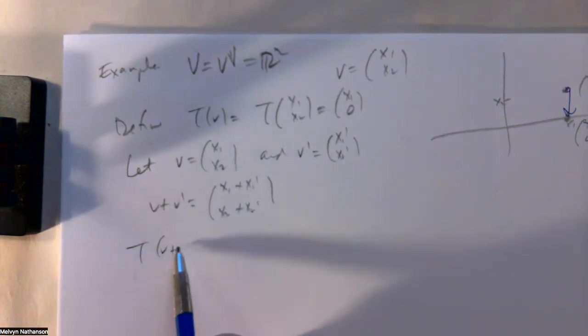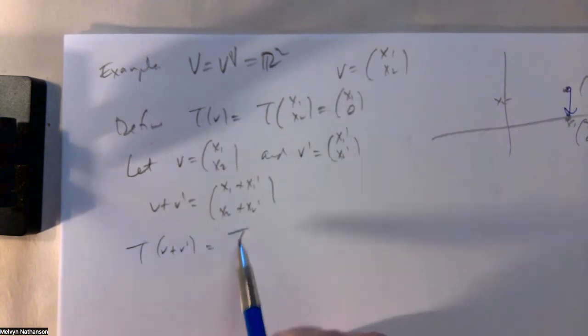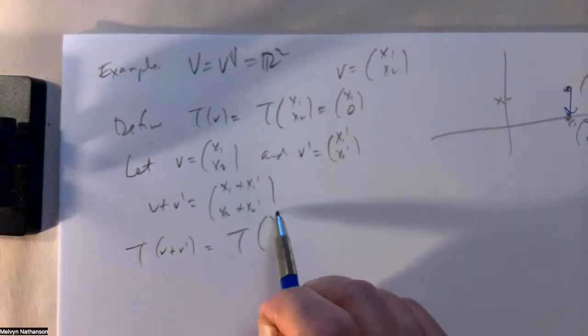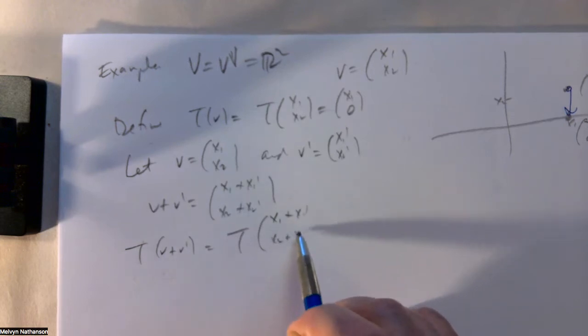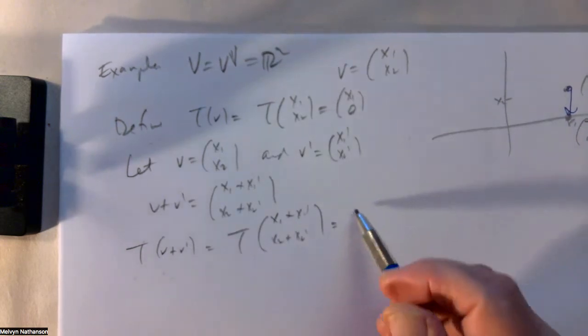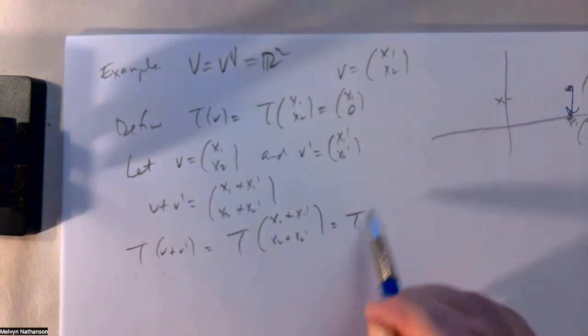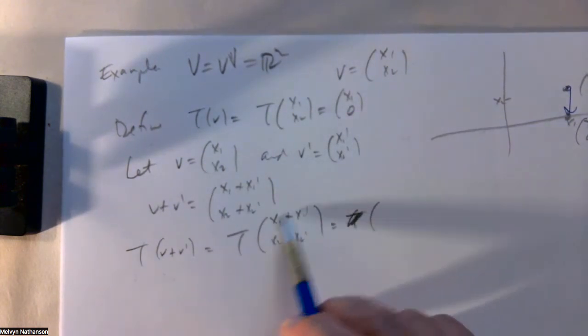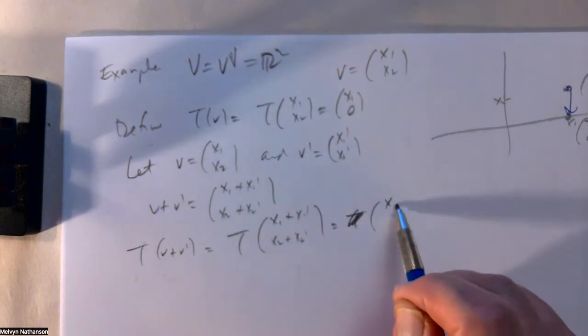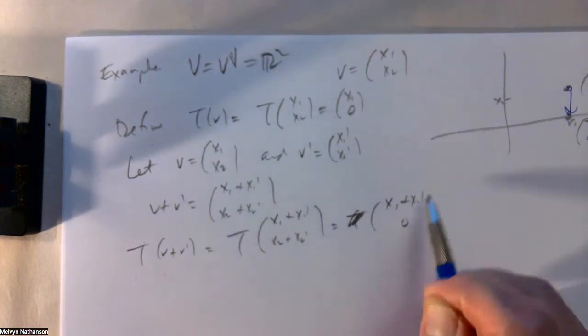So T of V plus V prime is T of the vector x1 plus x1 prime, x2 plus x2 prime. That projects it onto the first coordinate, that's x1 plus x1 prime, 0.